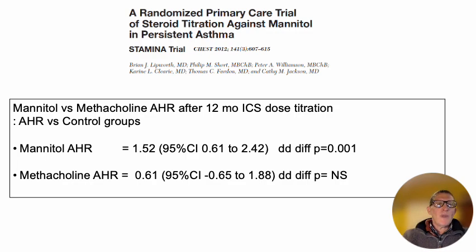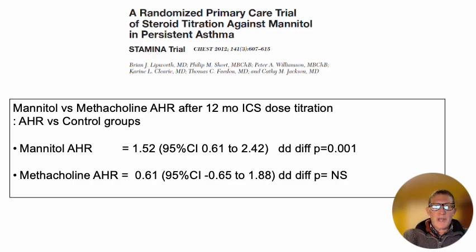What we found was that ICS dose titration resulted in a 1.52 doubling difference in the mannitol PD10 dose after 12 months, which was highly significant, whereas for methacholine at the same time points, the doubling difference was only 0.61, which you can see from the confidence interval was not significantly different.